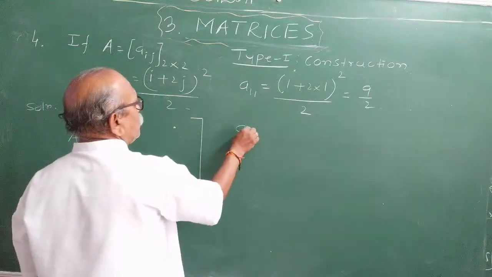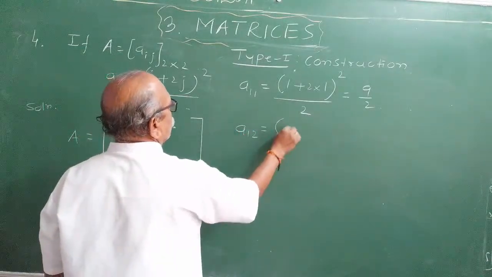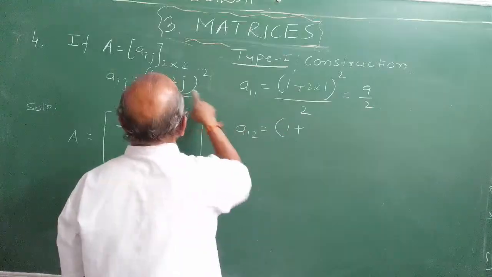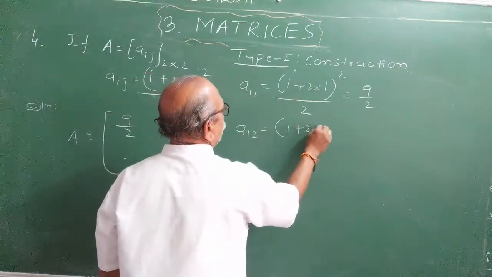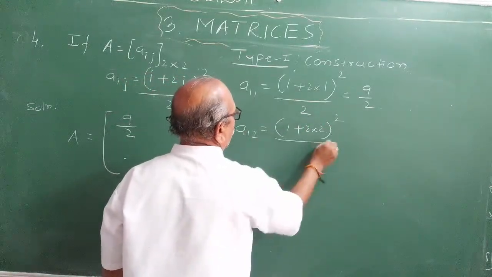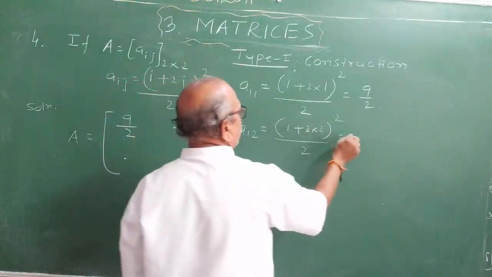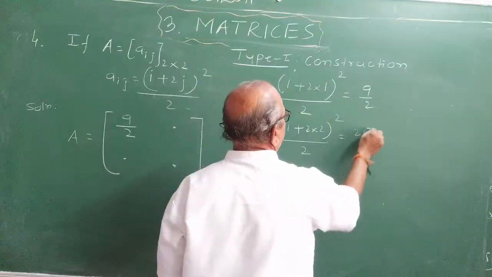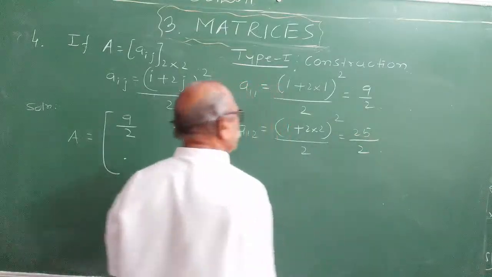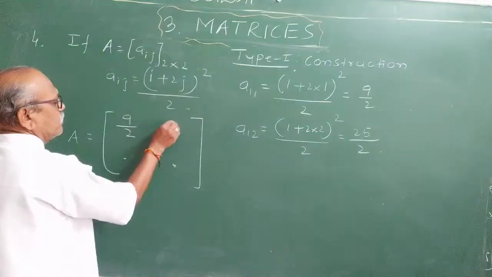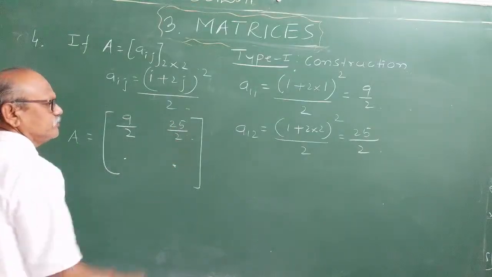What is A12? Observe, 1 plus j is 2 here. (1 plus 2 into 2) square upon 2. 2 2s are 4, 4 plus 1 is 5. 5 square is 25 upon 2. Therefore, you will get 25 upon 2.